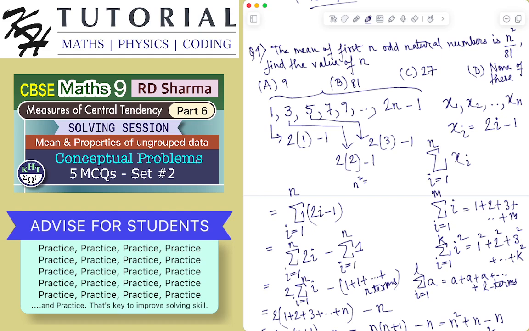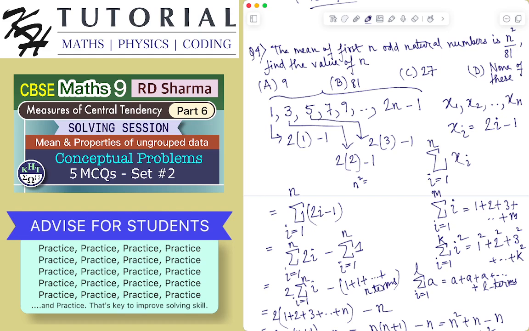So if I now sum them up, the observations 1, 3, 5, 7, 9, up to 2n minus 1, if I represent them as x1, x2 up to xn, then xi will be 2i minus 1. That is, the ith odd natural number is 2i minus 1. So the sum of the first n odd natural numbers will be summation of xi, i from 1 to n, which is summation of 2i minus 1.